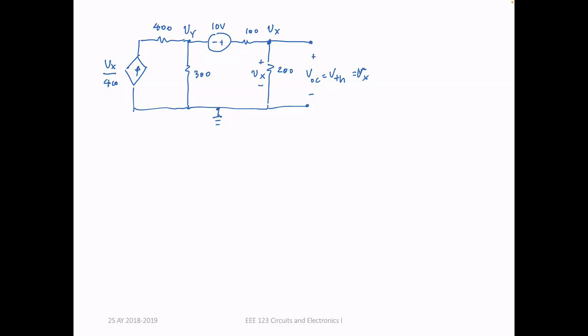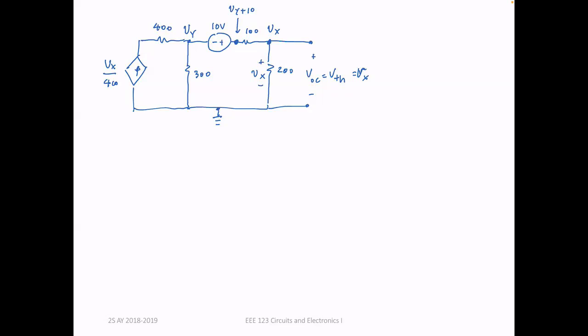Okay, I'm going to have to know the voltage at this point. No? What is the voltage at this point? The voltage at this point is V sub y plus 10. Right? In other words, if this is V sub z, then V sub z minus V sub y is equal to 10. Right? So V sub z will be V sub y plus 10.